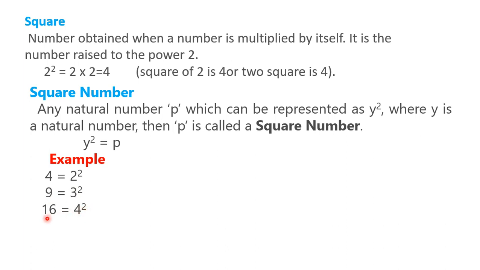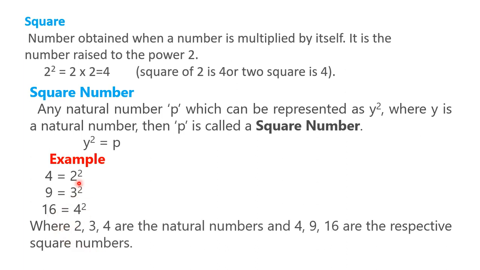So when a number can be expressed as the product of a number with itself, the number multiplied by itself is the square, and the product which we get after multiplication of two numbers, where the numbers are the same, is known as a square number.